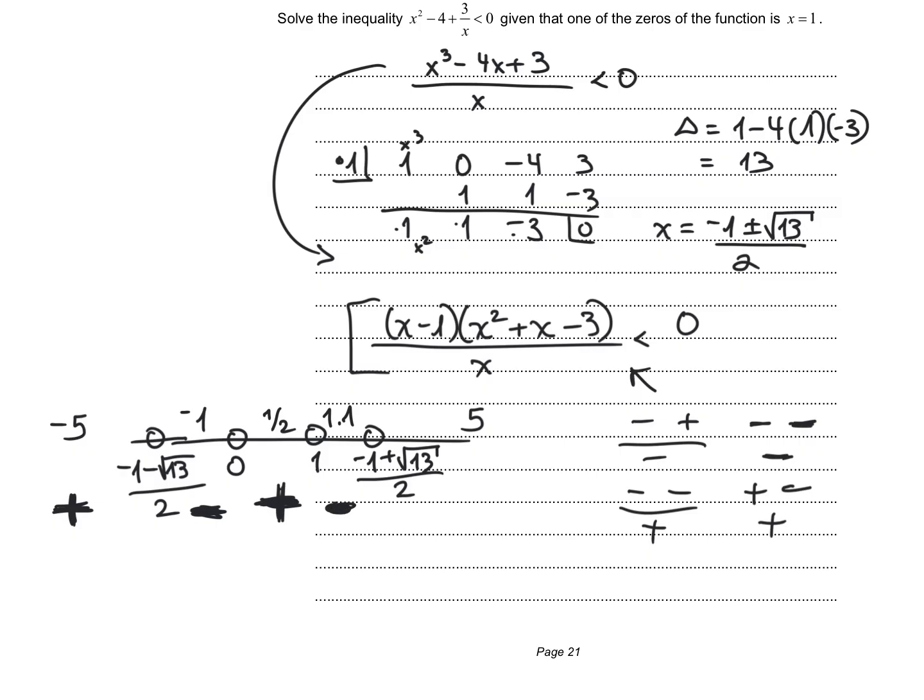And if we do 5, we're going to be positive over positive. So if we want when this is less than 0, it's in between negative 1 minus root 13 over 2 and 0. Or we have in between 1 and negative 1 plus root 13 over 2.